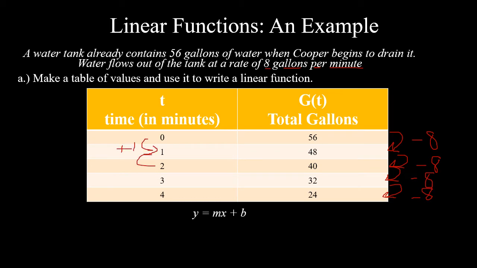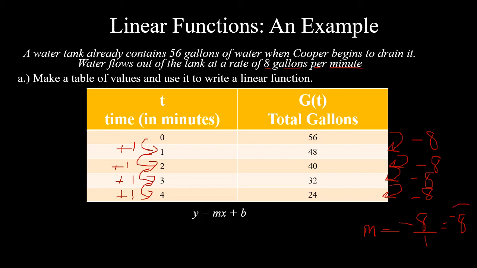So we're just jumping 1 on the input. And our inputs should always be increasing, you guys. Our inputs will always be increasing. Our outputs are a different story. So if we're thinking about change in y over change in x, we're losing 8 as we go up by 1. So what's our slope?